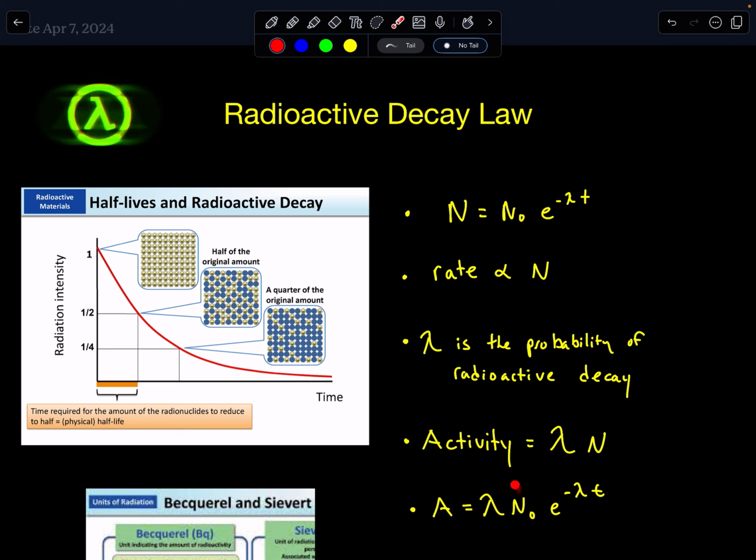So my initial radioactivity is lambda times my initial radioactive atoms present. Then that will undergo a decay similar to this, and I can find the radioactivity at any point in time using this formula. You have this formula in your data booklet. It's very important that you know what lambda is, the probability, and what the rate law is for radioactive decay.